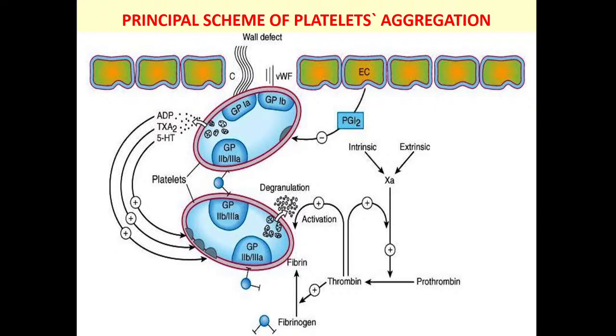The resulting conglomerate is capable of plugging the formed defect. If the defect in the vessel wall is not eliminated by platelet aggregation, then a thrombus begins to form, which helps to stop bleeding. Thus, platelet aggregation is the initial stage of blood coagulation.